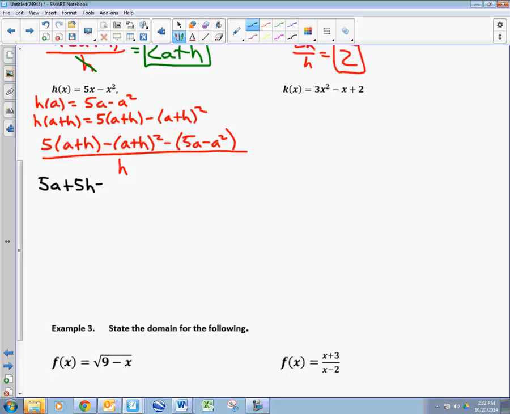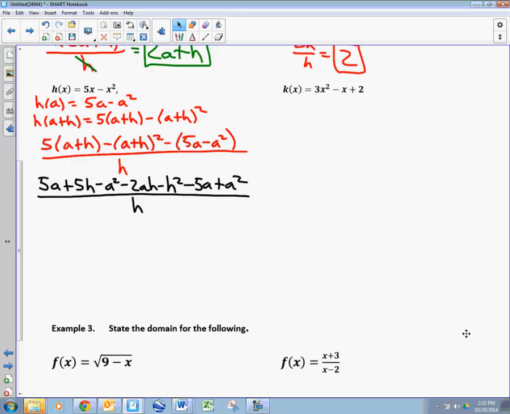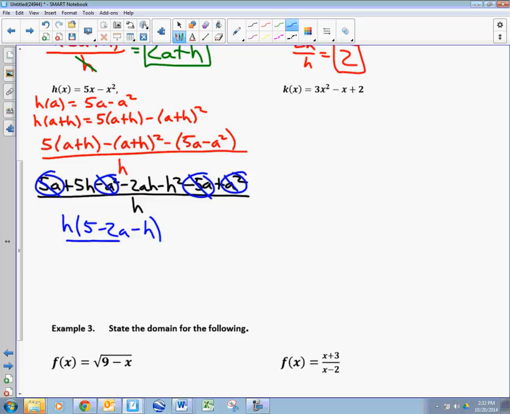So you distribute the negative: minus a squared minus 2ah minus h squared, then minus 5a, and so on, all over h. If you get to this point and something doesn't have an h and doesn't cancel, then you did something incorrect. It must cancel. The a squareds go away. The 5a's go away. Everything else has an h. Factor out the h. The h's cancel.